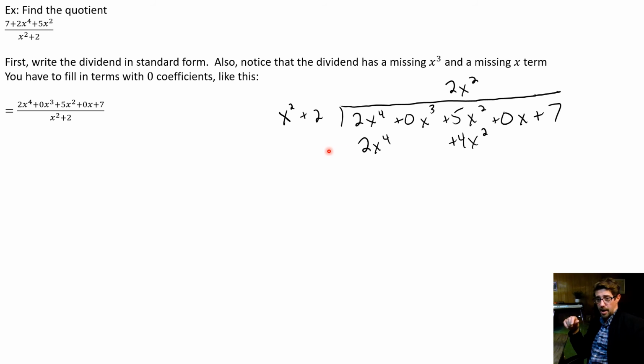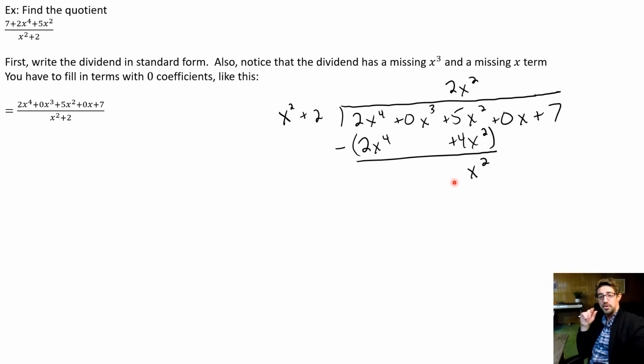Now we subtract and bring down a next term. So always use the parentheses when you subtract. The first term better go away. 0 minus nothing is nothing. Now we have a 5x squared minus 4x squared, which is x squared. See, this is confusing.